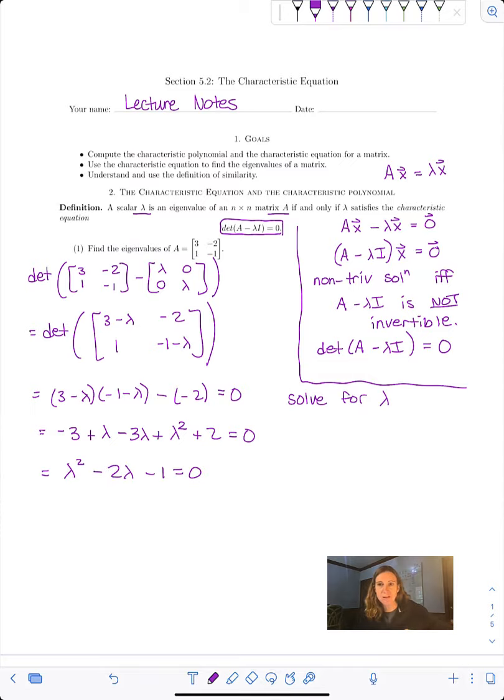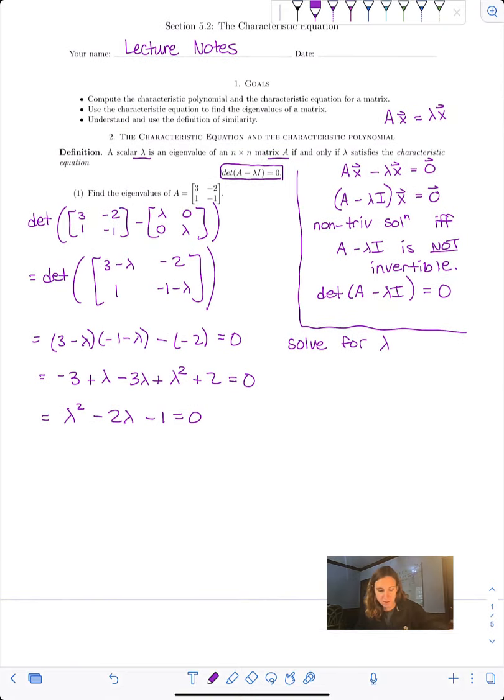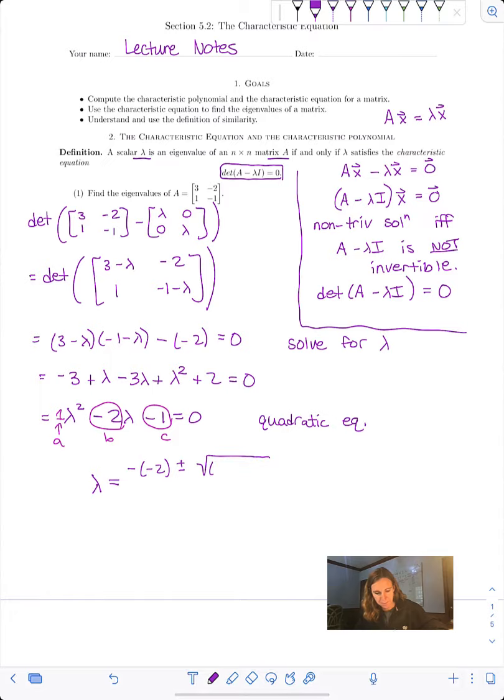Now sometimes you'll see an obvious way to factor your equation and sometimes you won't. If you don't, you can always use the quadratic equation. Remember that a is the coefficient of the first term, b is the coefficient of the second, and then we have c. So we do negative b plus or minus the square root of b squared minus 4 times a times c, over 2 times a.